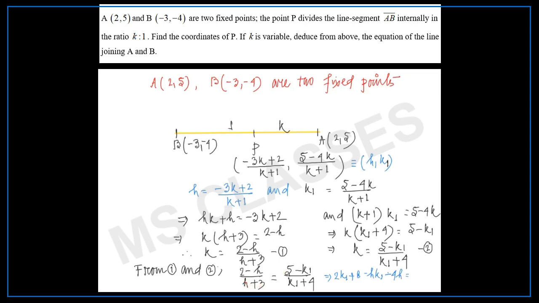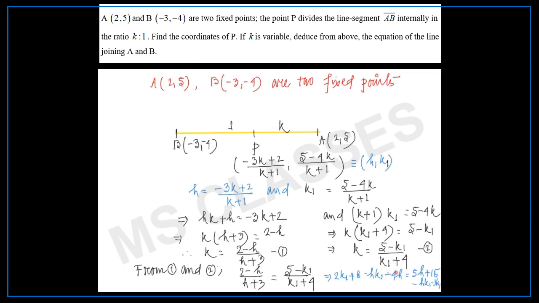So what we get here is 5h + 15, and then minus hk1 minus 3k1. If we simplify, the -hk1 and -hk1 cancel out. Here we have got -4h.